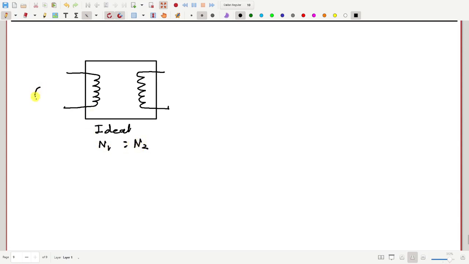Now here I connect a source and here I connect some impedance Z. Now the question is, how much is the impedance seen by the source between the terminals A and B for an ideal transformer?